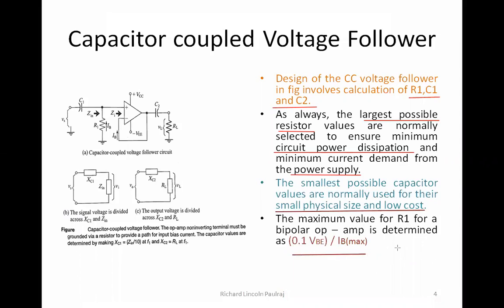So how much ever is your maximum biasing current, and the voltage between your base and emitter, 0.1 times that. This one was previously derived, and we are just using that value here.